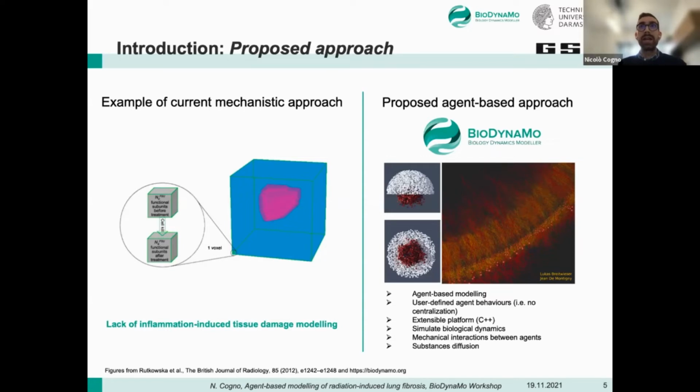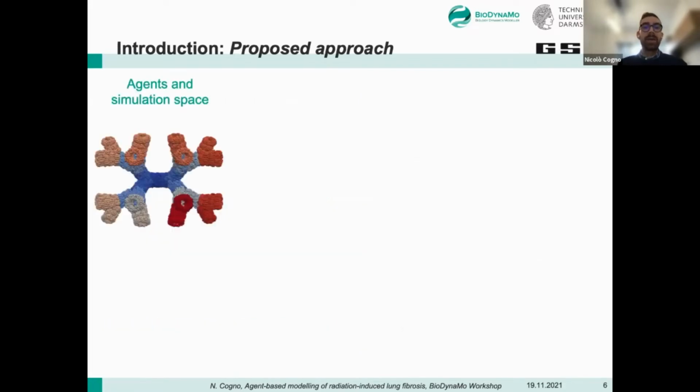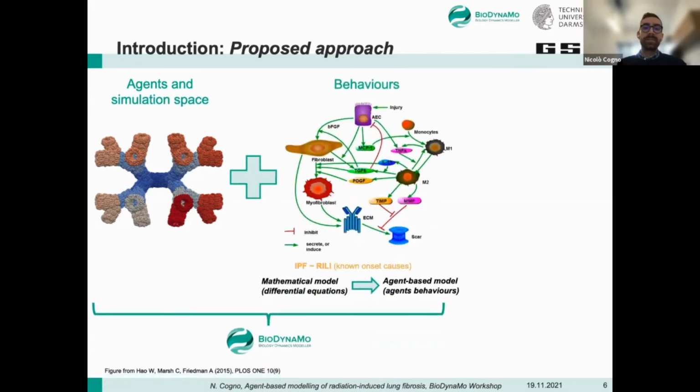And to do so, we're using Biodynamo, which at this point of the presentation, you all already know well. So our idea was to start off by simulating the agents and their simulation space. So reproducing a geometrical structure of the lung or part of the lungs, and then define the behaviors of these cells.